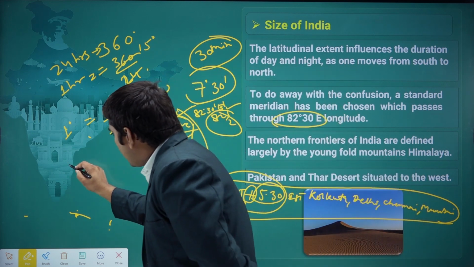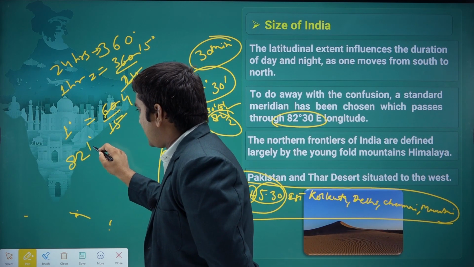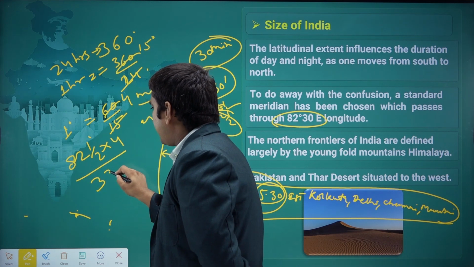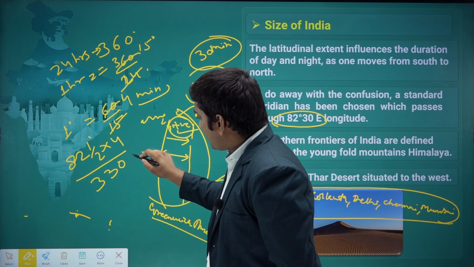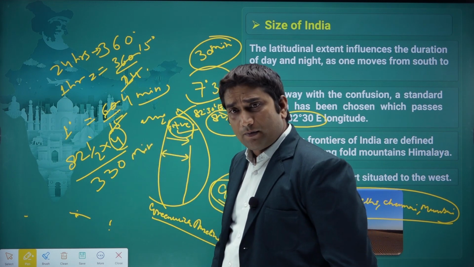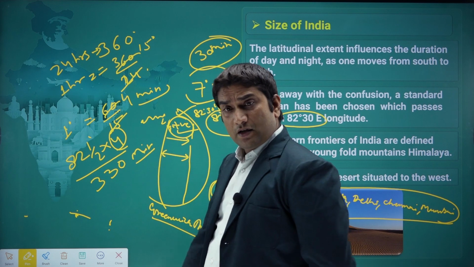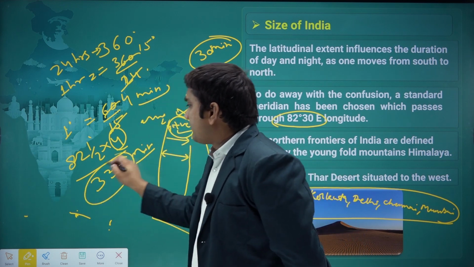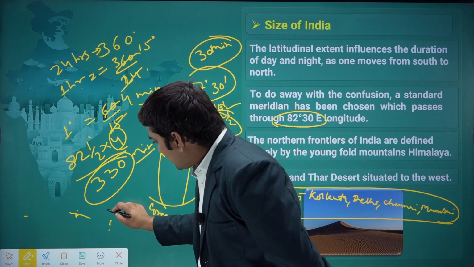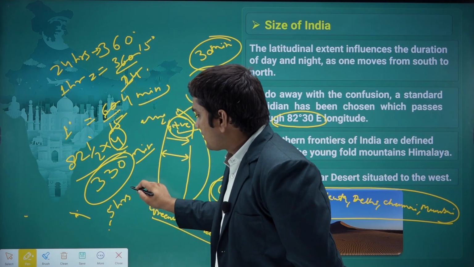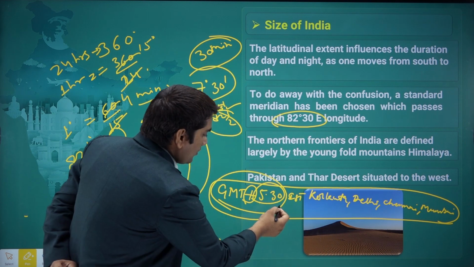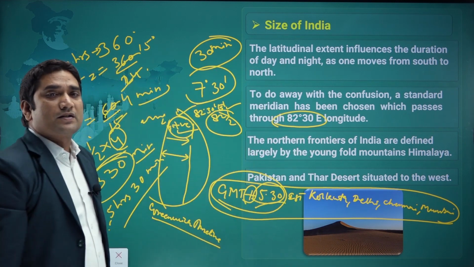Multiply 82 and half by 4 and you will find 330 minutes, because this 4 is in minutes. Now we convert 330 minutes into hours, and we find 5 hours 30 minutes. So this is how the 5 hours 30 minutes came here.